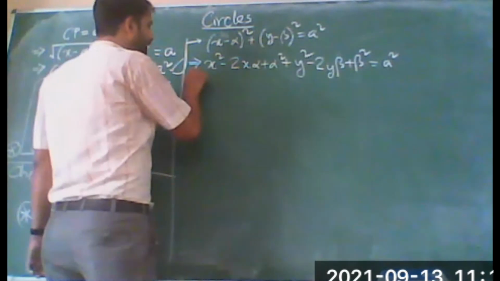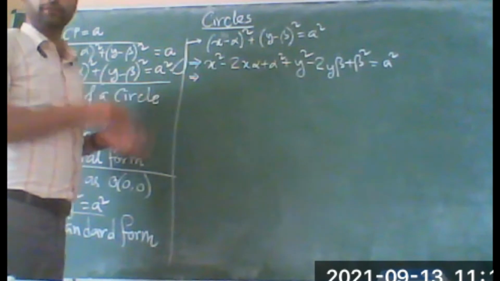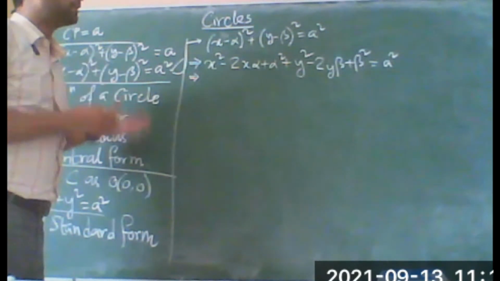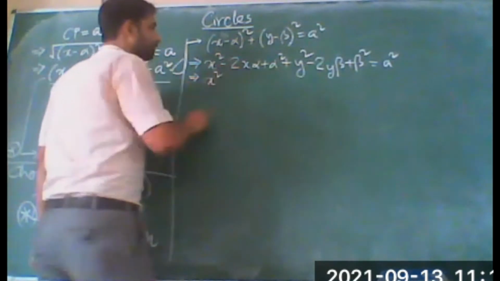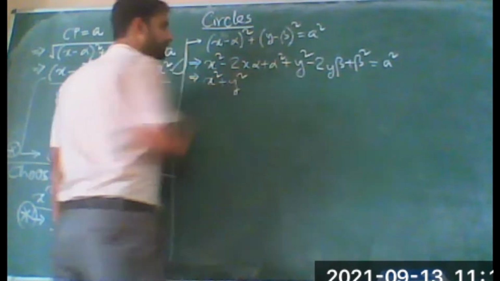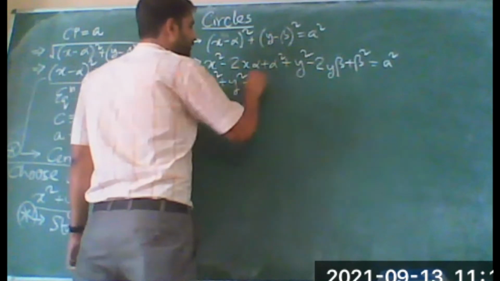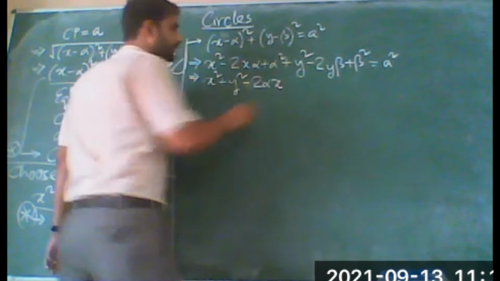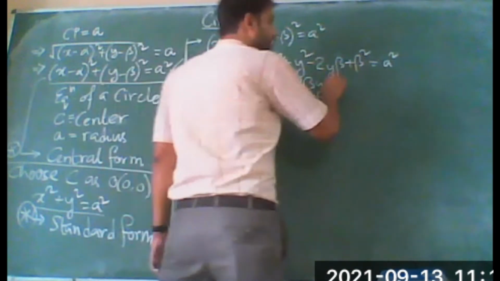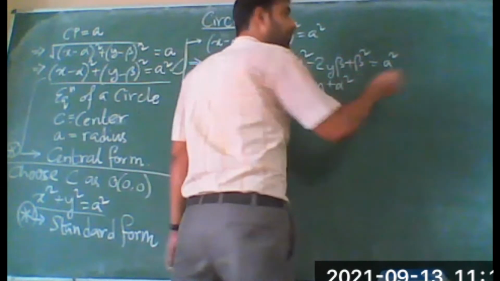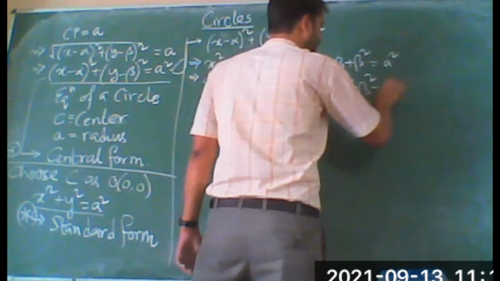If I write it a little more properly, we write all the 2-degree terms first, then all the 1-degree terms, and then the constant terms. So we can write it like this: x square plus y square minus 2 alpha x minus 2 beta y plus alpha square plus beta square minus a square.